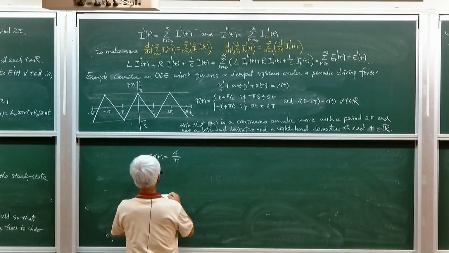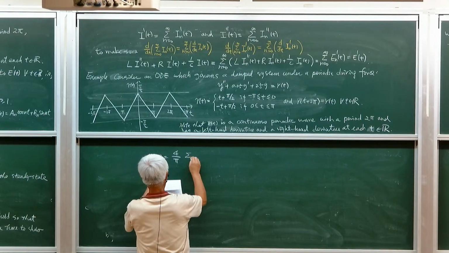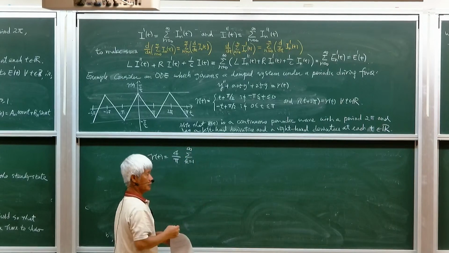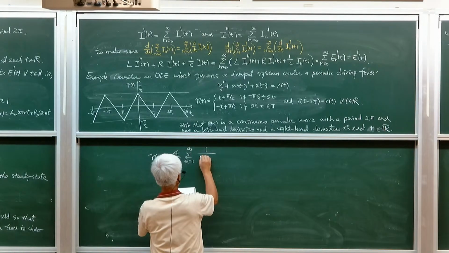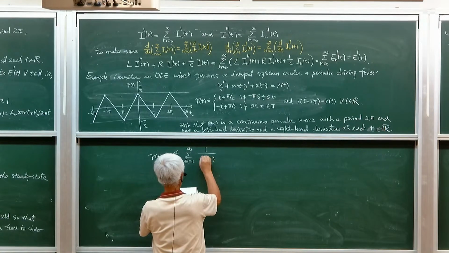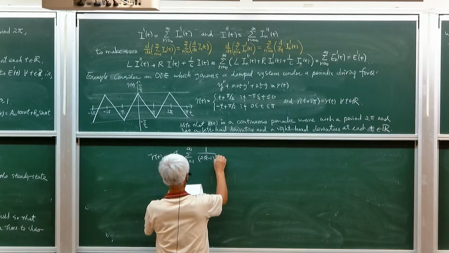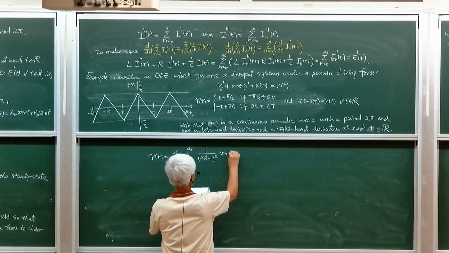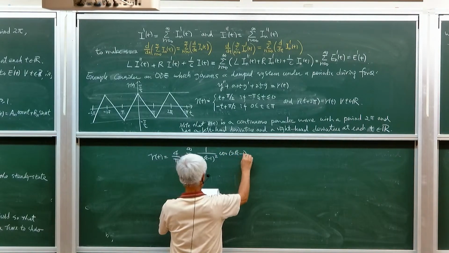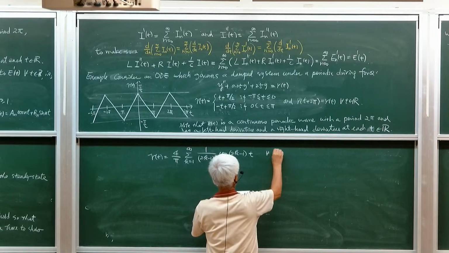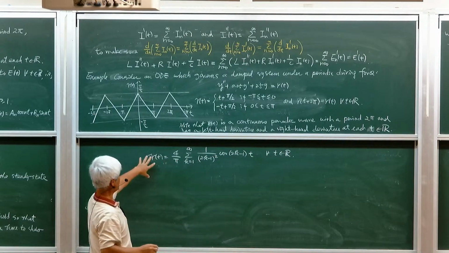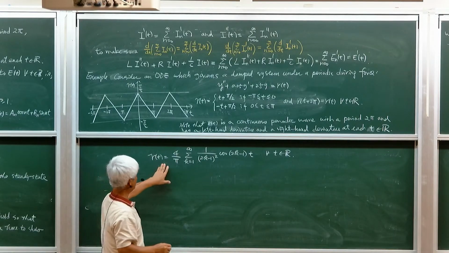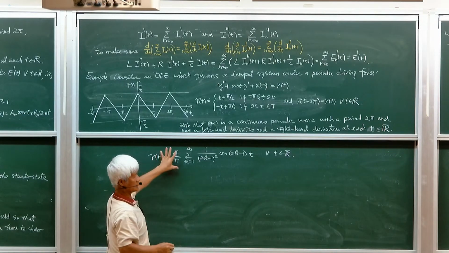So it consists of the cosine terms, with coefficients over 2k plus 1 squared, cosine of 2k minus 1 times t, for all t in R. All right, so we have an exact representation, and the constant term is 0 for this case.